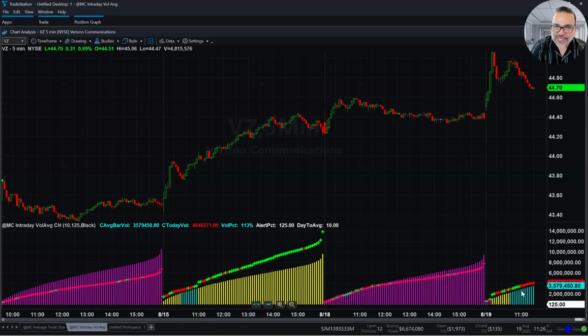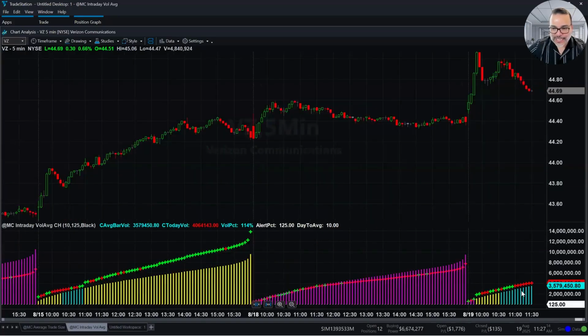Right now, the default is 125%. So if today's volume is 125% or higher than the average, that's what paints the histogram yellow. Does that make sense? I know there are a lot of colors going on, and it makes sense to look at all the different formulas so that we can understand and interpret the indicator the right way.